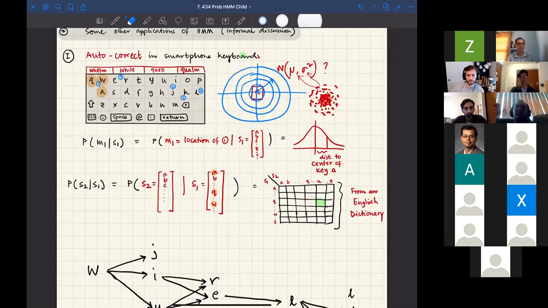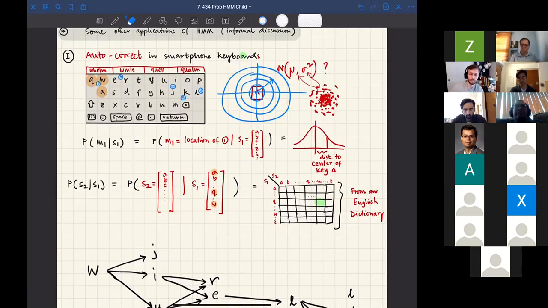Professor? Yeah, Eric. How do you model the backspaces and everything else that's not letters? Say that again. We have a method to calculate the transition matrix for the letters, but how do we do it for backspaces and the other keys? You don't have a model for backspaces.